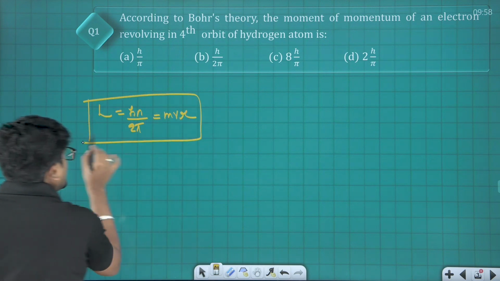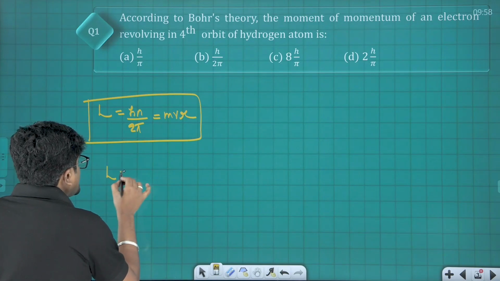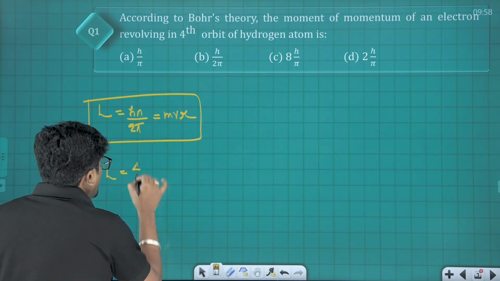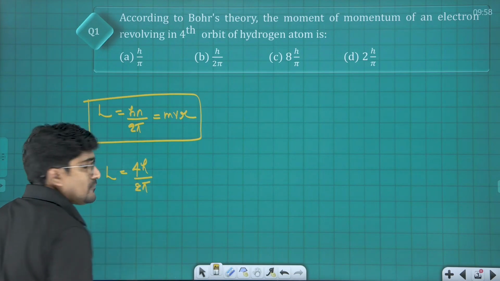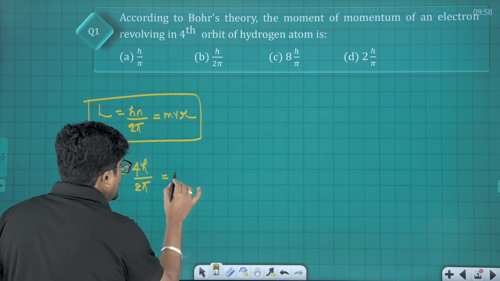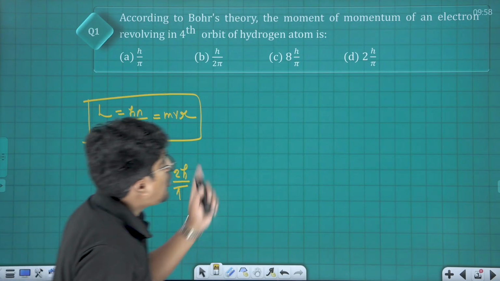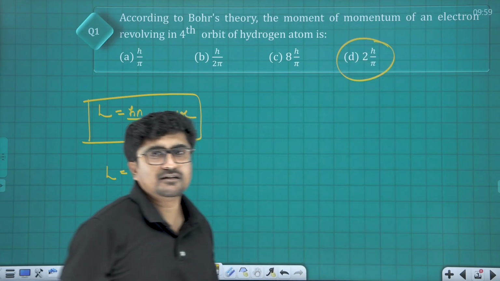This is the general expression, isn't it? And if I substitute the value of n as 4 here, it's going to be 4 times h upon 2 pi, and the final answer is going to be 2h upon pi, which means option D must be the correct answer in this case.